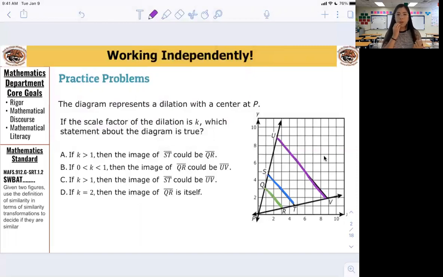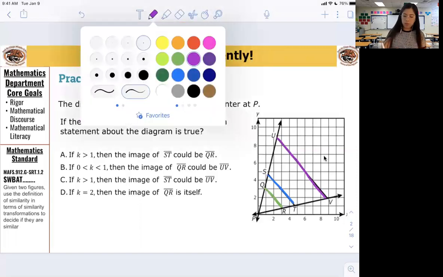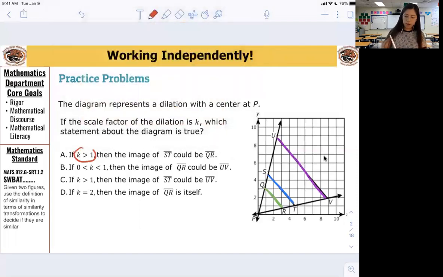ST is longer, right? So if K is greater than 1, what does that do to a figure? Does it make it bigger? It does. What's the mathematical word for that? Anyone remember?